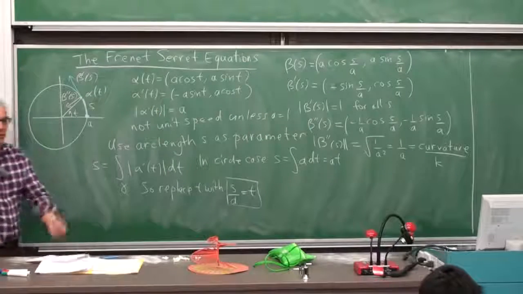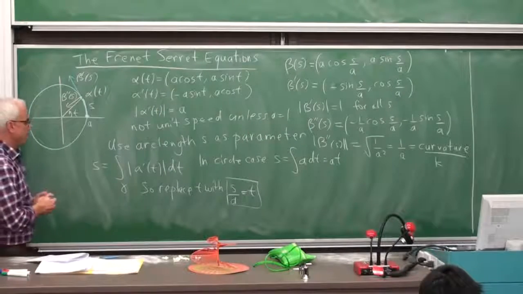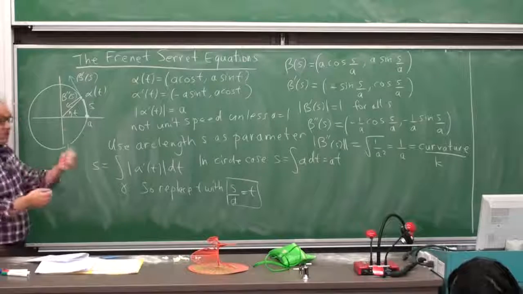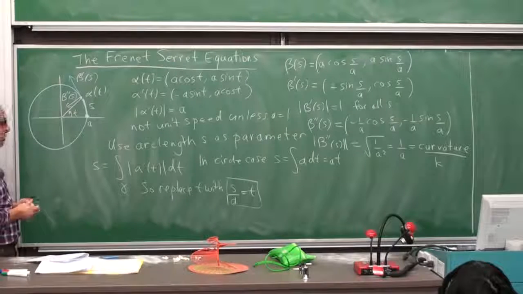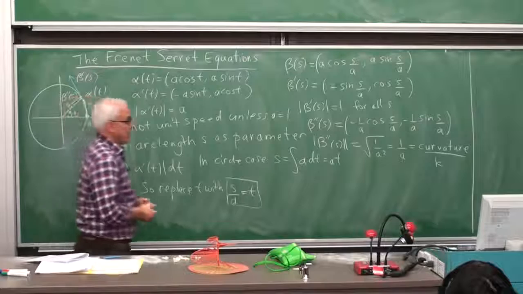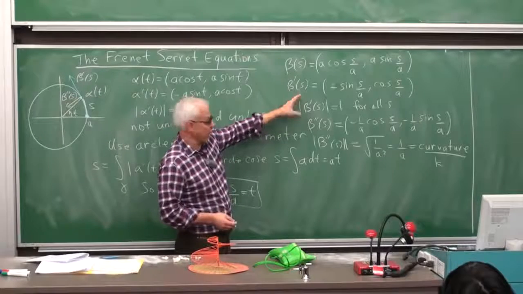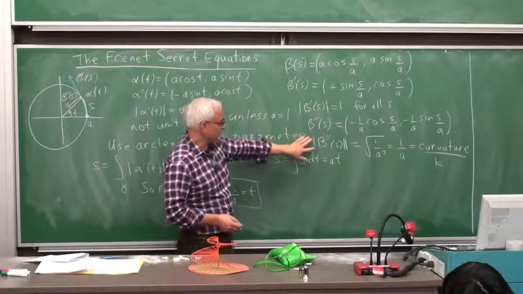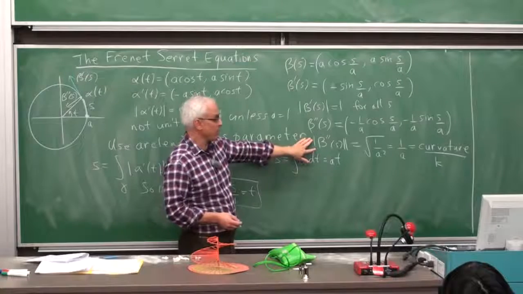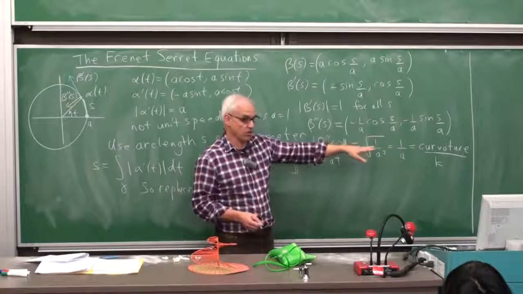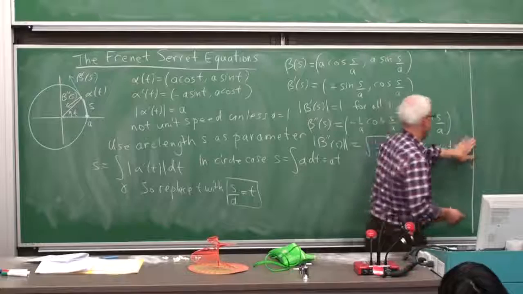So we see that for a circular motion, if it's unit speed circular motion, then the length of the tangent vector is 1 because it's unit speed, but the length of the acceleration, the second derivative, will be the curvature. I should write curvature K here.